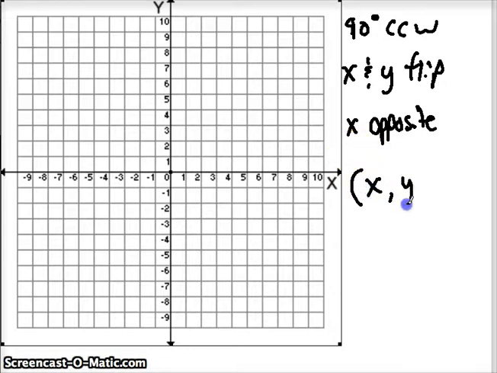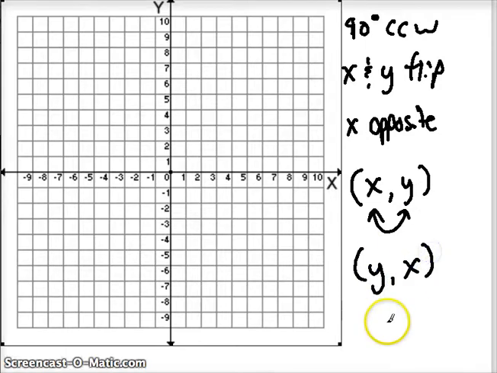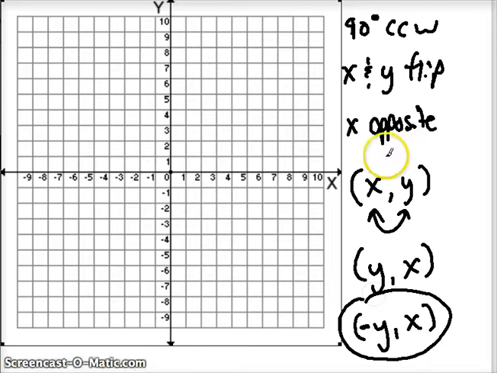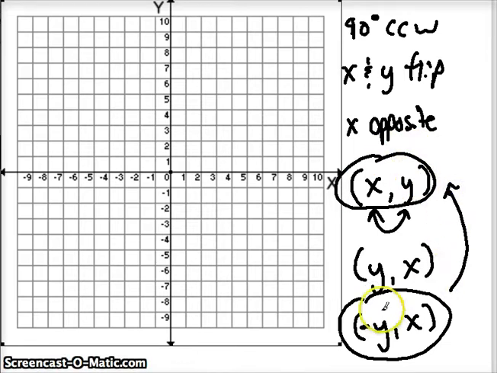If we start with an X and a Y, we flip them, so it becomes Y, X, and then we take that new X, sorry, and we make it the opposite. So these are how they relate, right? Take this, flip it to the front, make it the opposite. If it's positive, make it negative. If it's negative, make it positive.